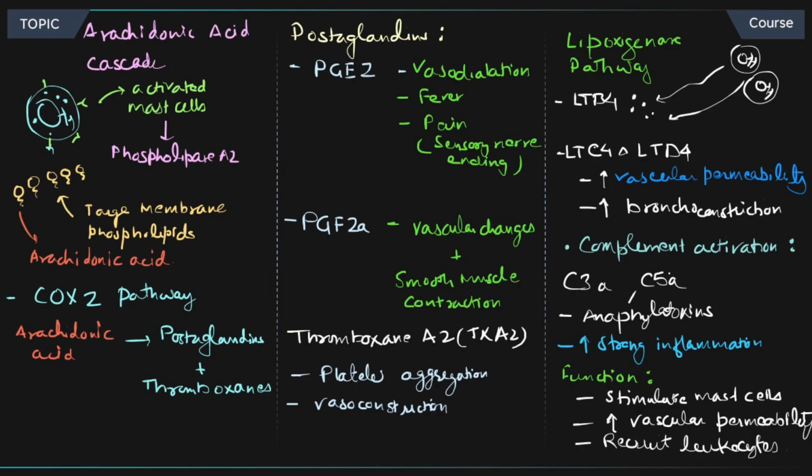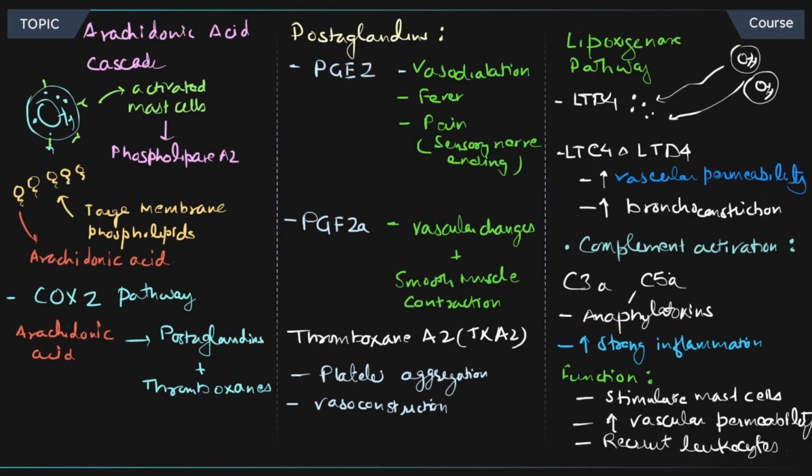We talked about the movement of the cells also, how cytoskeleton rearrangement happens, and what proteins are important in cytoskeleton rearrangement. Then we talked about the very important kallikrein and kinin system. We talked about the role of bradykinin, which is a really important molecule. And then we talked about the mast cell role, and how the activation of the mast cell happens. Further, we talked about the arachidonic acid cascade.